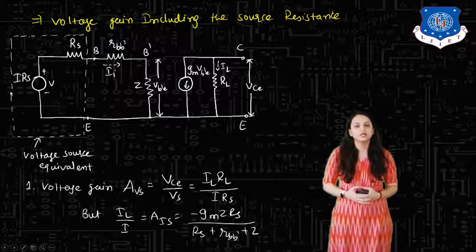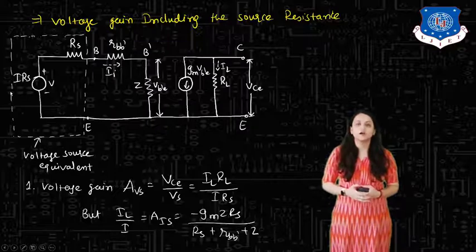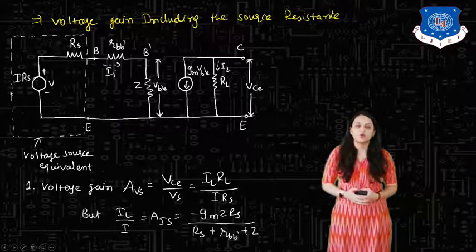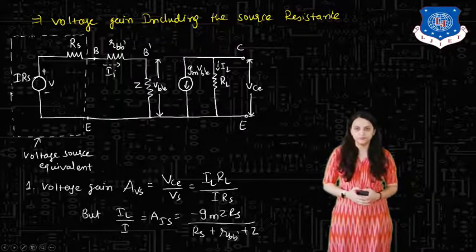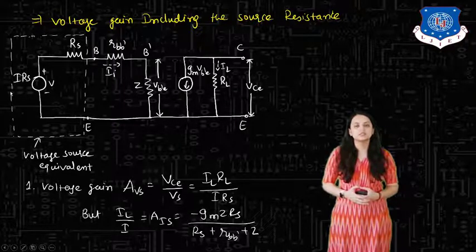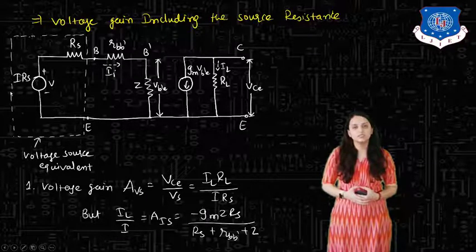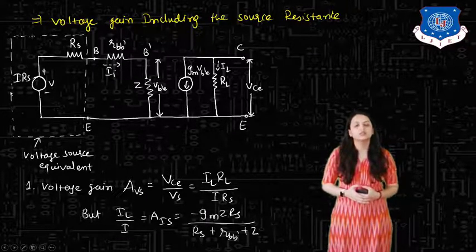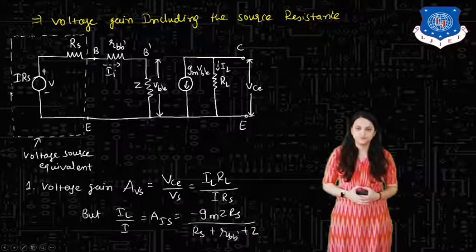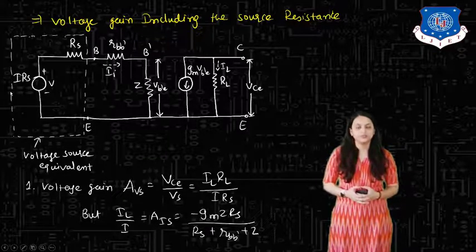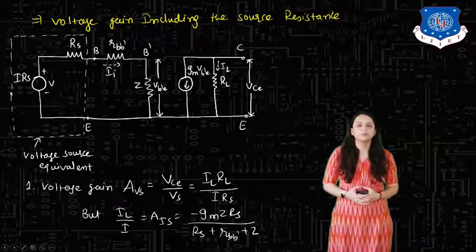Here the input current is Ii, RBB dash is the resistance across B and B dash terminal, Z is the impedance, GM VB dash E is the current dependent source, and RL is the load resistance from which the load current IL flows, and VCE is the voltage across terminal C and E.